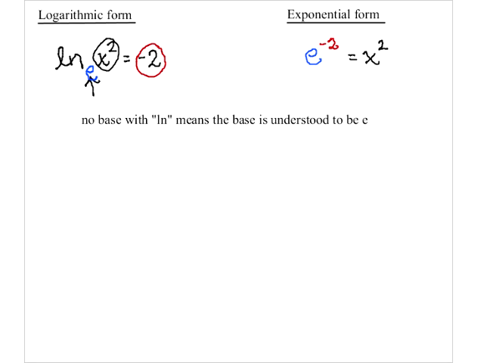All right, so if we do one last one from the test, very similar to what we've been working on. This was one of the problems from the actual test. It said convert to an exponential equation, and it was log 18 equals 1.2553.